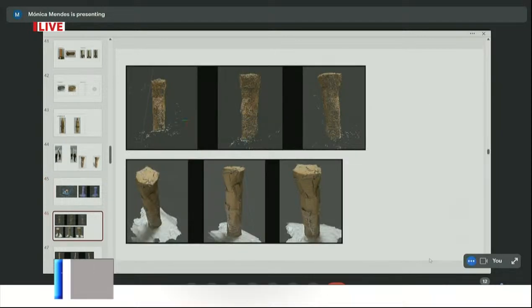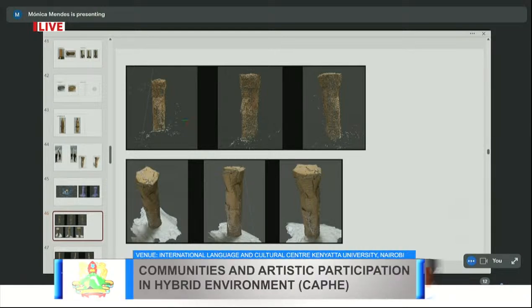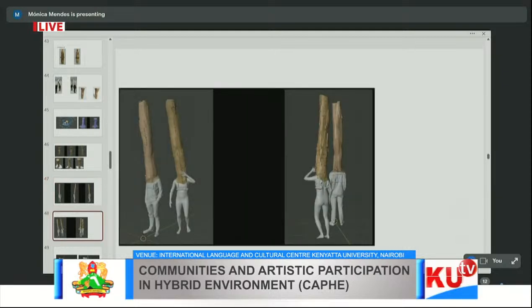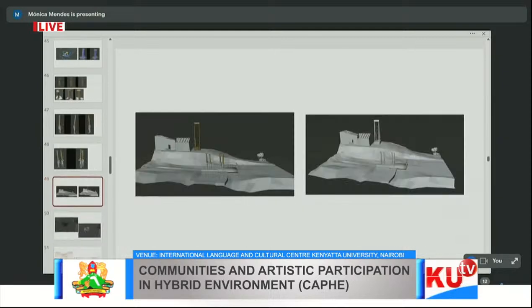And here at the bottom we already have the 3D model of the physical model that was scanned, and then the integration in the virtual environment. And as you can see, this is also the whole integration, because this was a public sculpture to integrate in a mine.